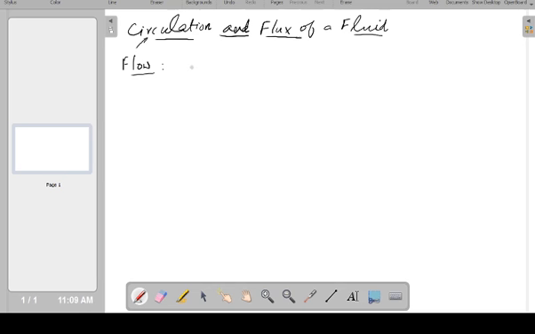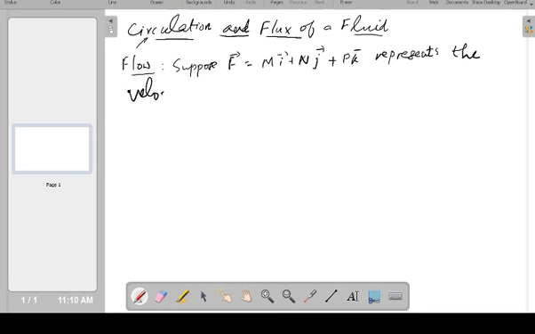Suppose we have the velocity field of a fluid flowing through a region in space. Suppose vector F equal to m i plus m j plus p k represents the velocity field of a fluid.